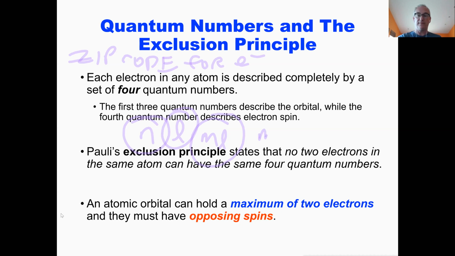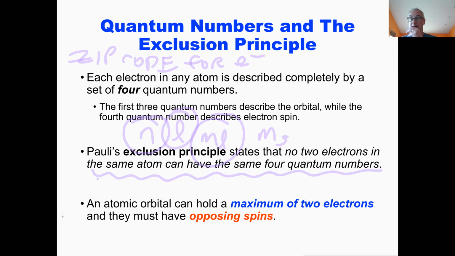And then the fourth one is going to be spin. The electron's either going to be spinning clockwise or counterclockwise. That's basically the only two ways something can spin, right? This direction or the other direction. Now, those are the four numbers, and no two electrons can have the same four numbers.